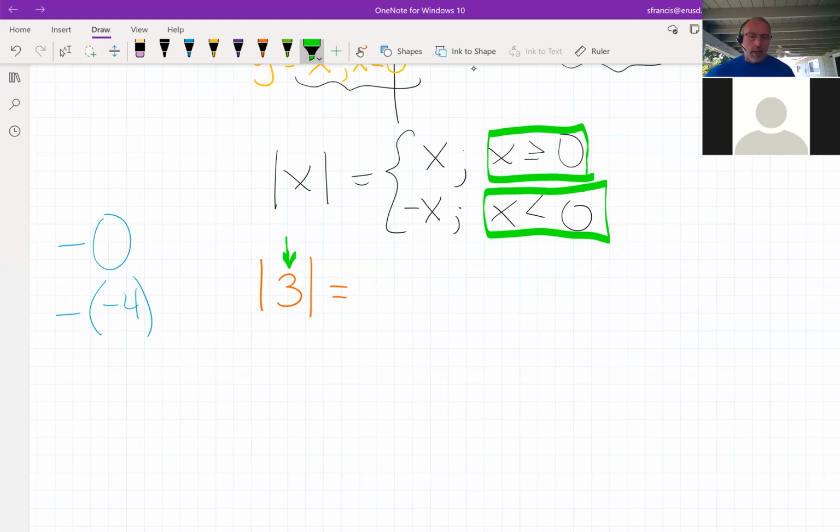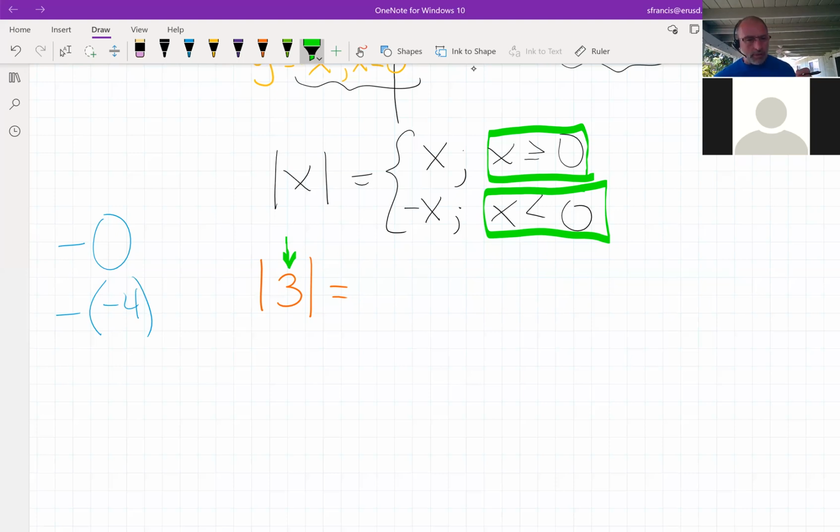That's the first thing I have to determine. Now, this piece, obviously, 3 is greater than or equal to 0, so 3 is in the first piece, okay? So that's the first thing I identify. 3 is greater than or equal to 0, therefore, I'm talking about the first part of the definition.